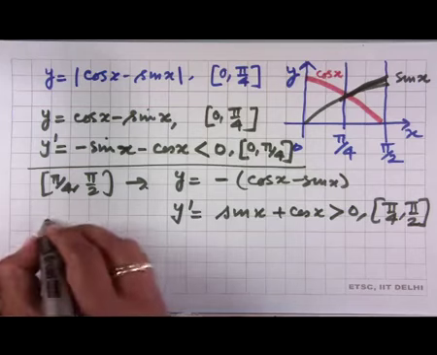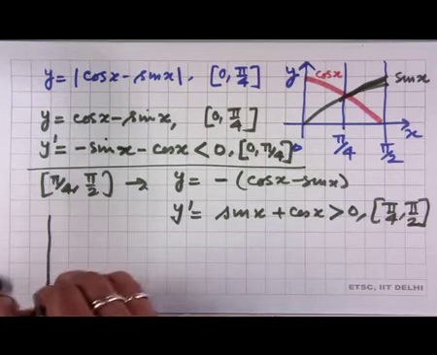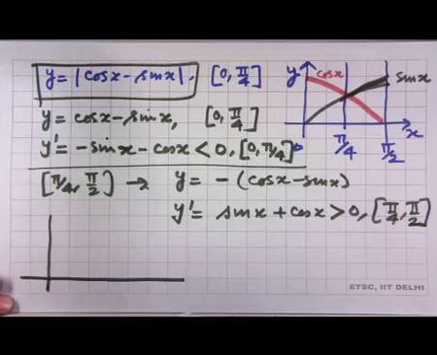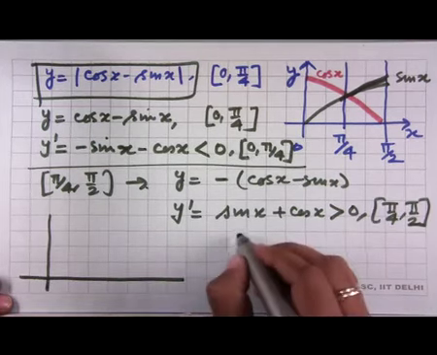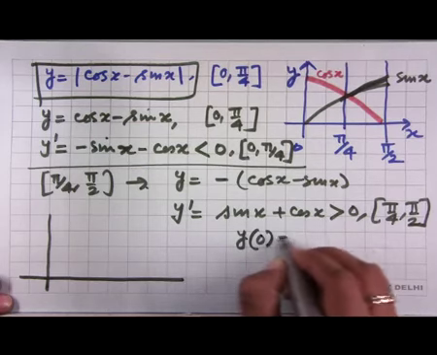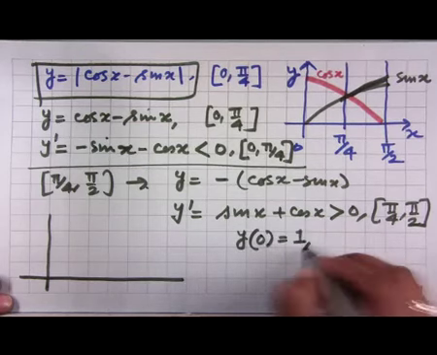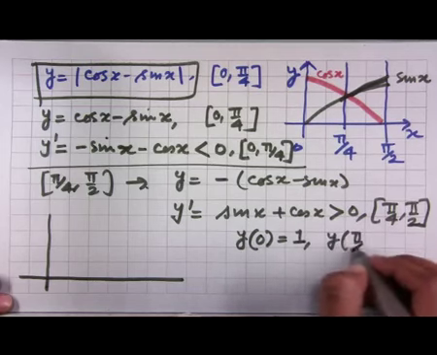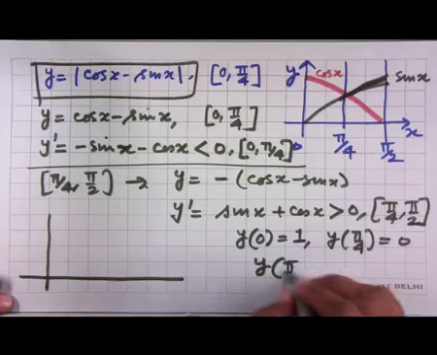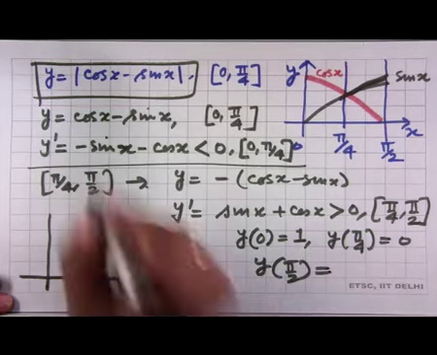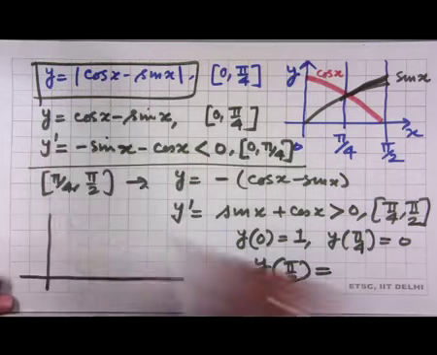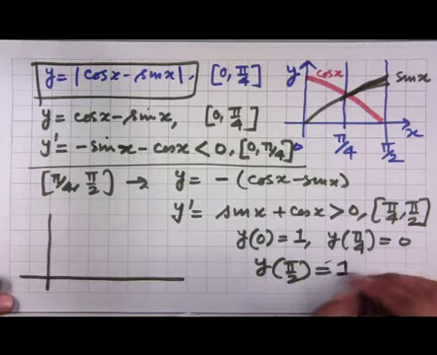So how will this curve look like? At x equals 0 it is 1, at pi by 4 it is 0, and at pi by 2, you can put the values of x here and see what is y, it is again 1.